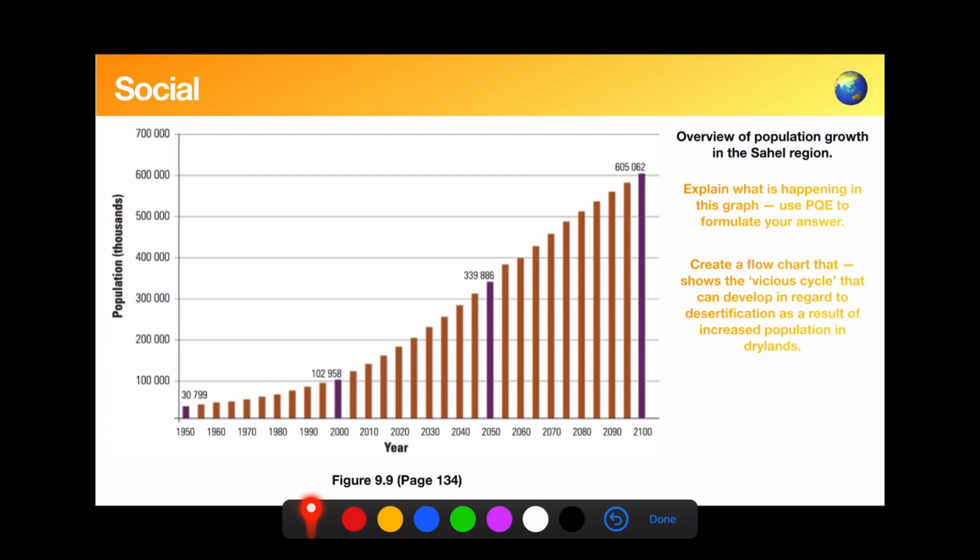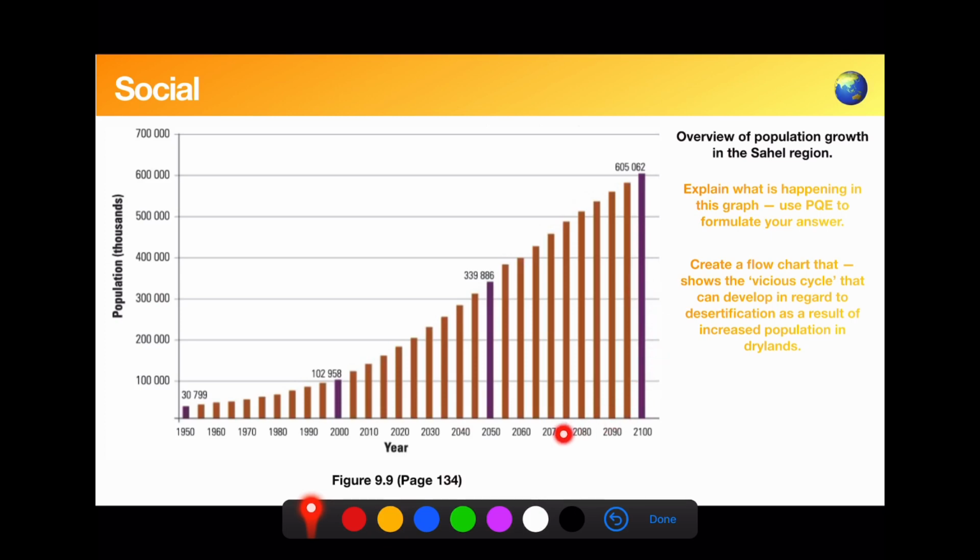This is a little bit tricky, and I just grabbed this question from the actual questions in the textbook: create a flow chart that shows the vicious cycle that can develop in regard to desertification as a result of increased populations of drylands. Think: population increase, what problem does that cause? Name that problem. Then that problem causes what?